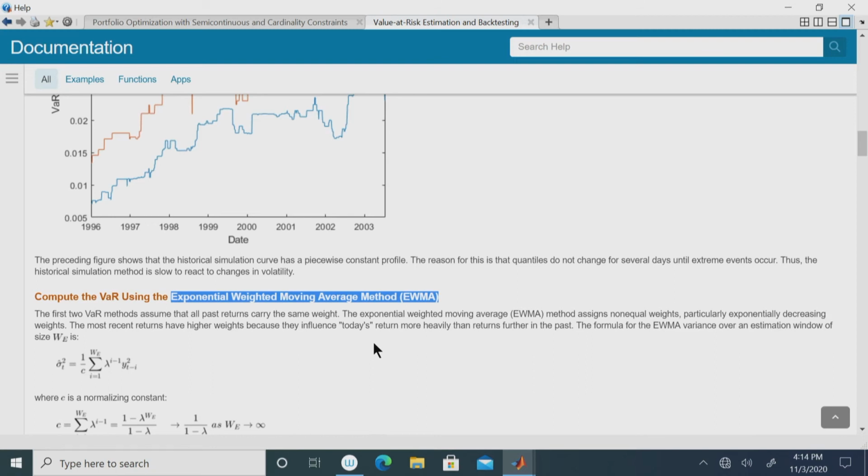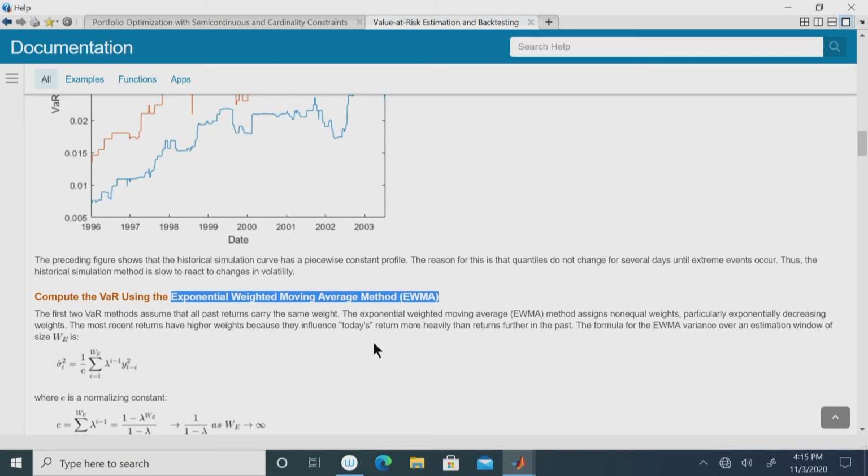Now, if you observe carefully, the previous two methods of VaR, namely the normal distribution and the historical simulation, both of them assume that whatever has happened in the past is equally likely to happen again. So, it assumes that all the past returns that are being used either to calculate the value of sigma in the first approach or to calculate the possible value of the random variable of the return over the next day, have the same weight.